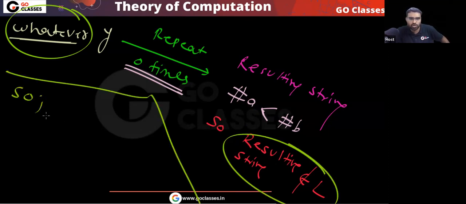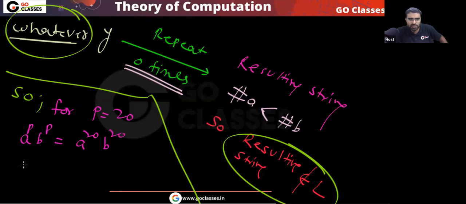Yes or no? For p equal to 20, the string a power p, b power p, that means a power 20, b power 20, will not pump. This string is basically violating. So p equal to 20 is also not working.